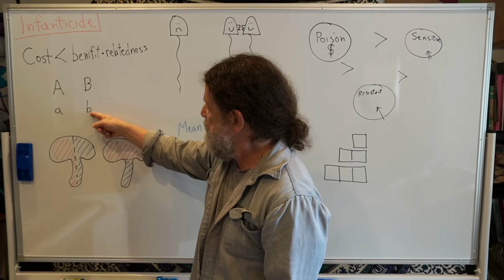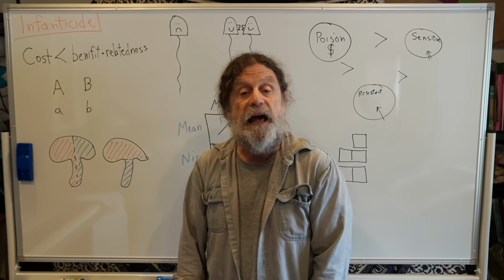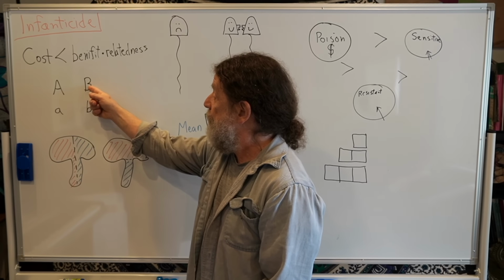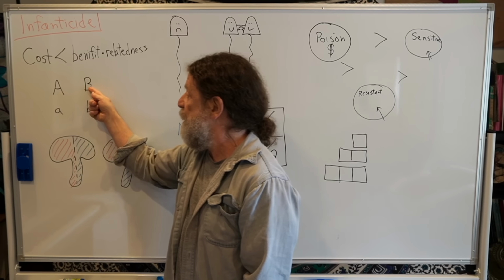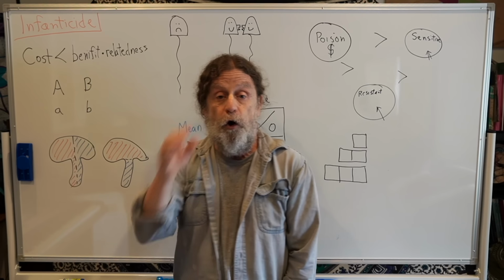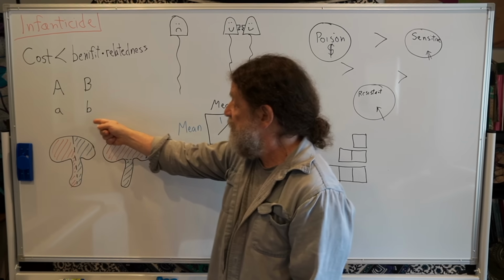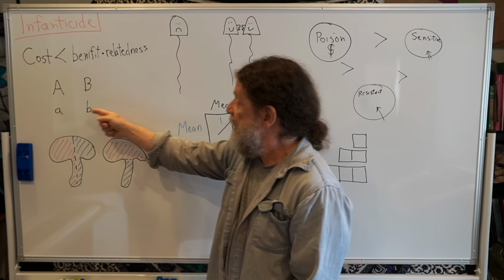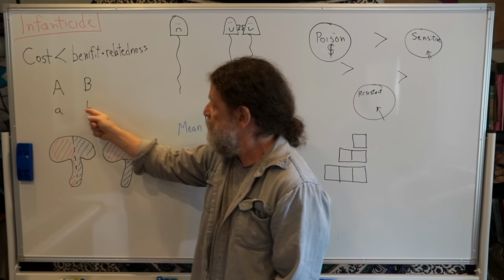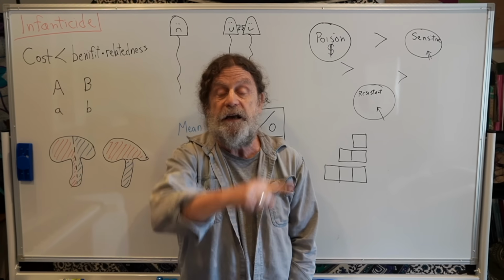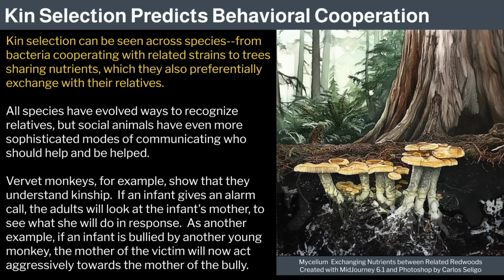Observed by B's mother, and at a higher than chance rate, later in the day, Mother B is going to pummel Mother A. Whoa, she understands not only is this my kid, she understands my kid was just treated badly by the child of this female who I could dominate, and they're understanding relatedness there along those lines.